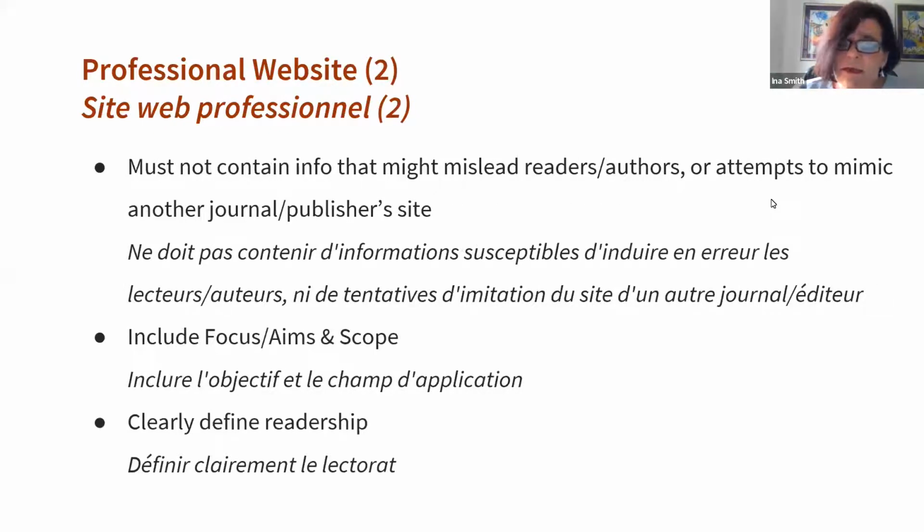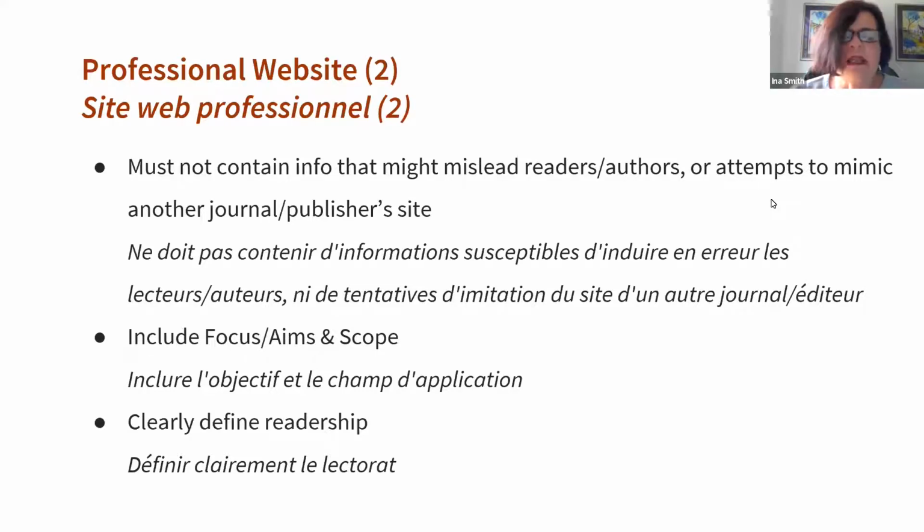A website must also not contain information that might mislead readers or authors, or attempts to mimic another journal's or publisher's website. An example of this is when a publisher just copies and pastes and all the journals look the same.